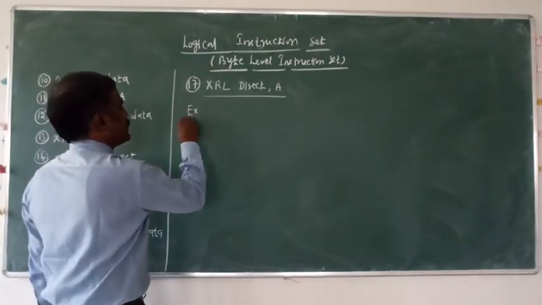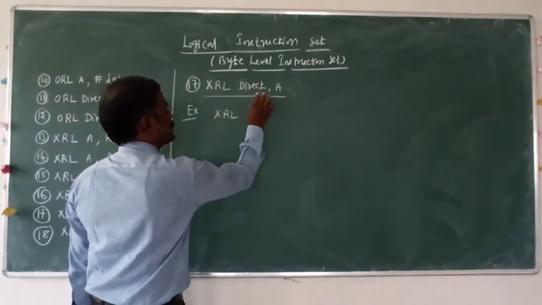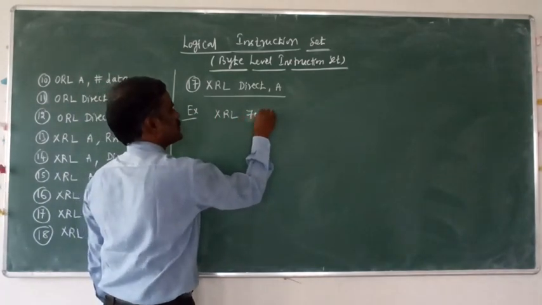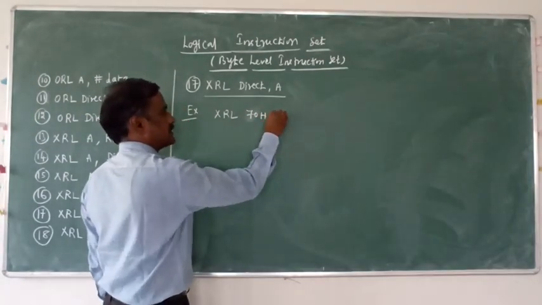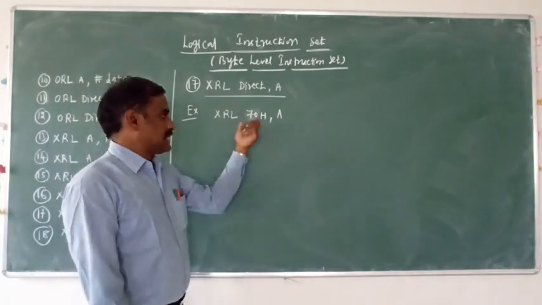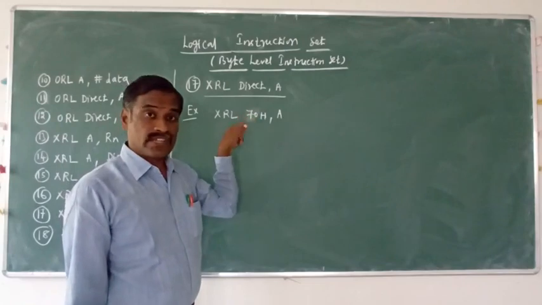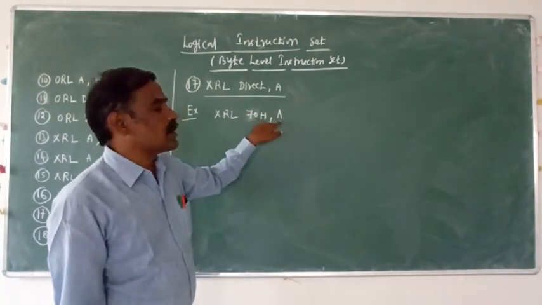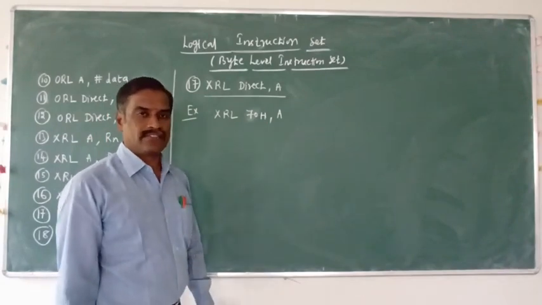Example: XRL 70H comma A. This is the given direct memory address location. The data in this memory address location is exclusive ORed with the accumulator content, and the result moves to the accumulator itself.